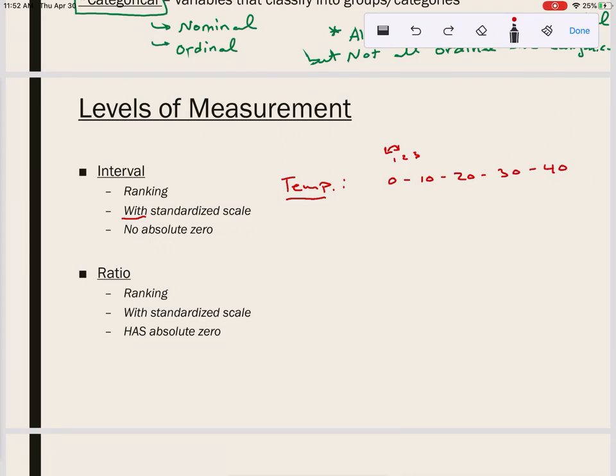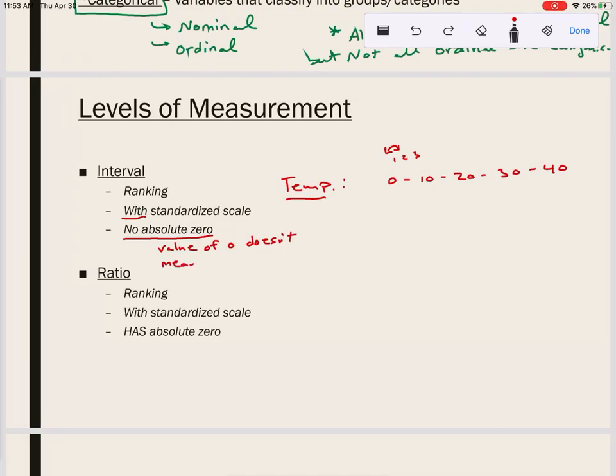However, in an interval level of measurement, there is no absolute 0. And what this means is, if I get a temperature of 0, you could literally take the temperature outside, and it could be 0 degrees Celsius. But does that mean the absence of temperature? No. So that means that there's no absolute 0.